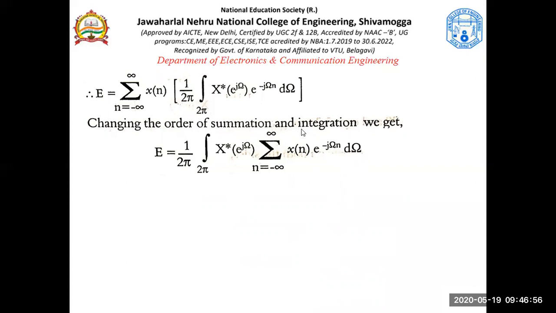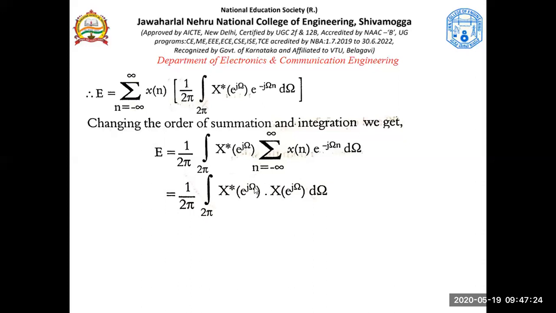Can you see this and tell me what this is? This is X of e power j omega. Now you have the signal in the frequency domain and the complex conjugate of the same signal. If you take the magnitudes of these two, don't you think they are the same?